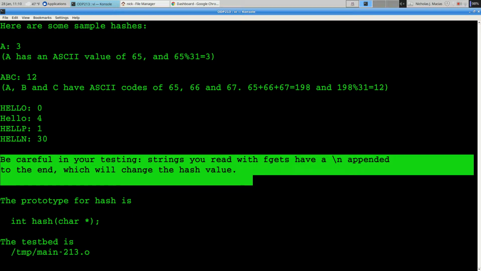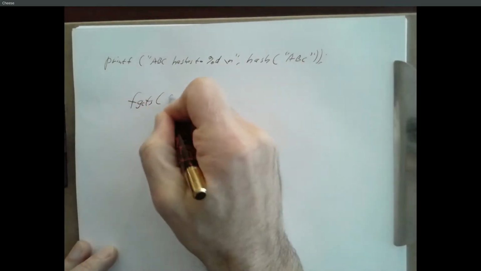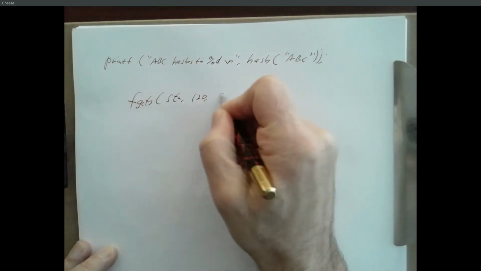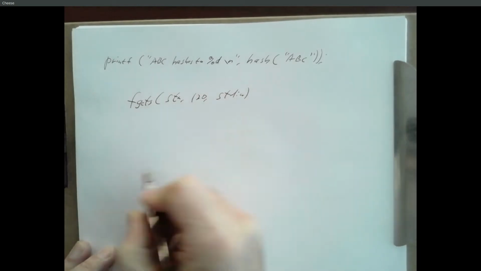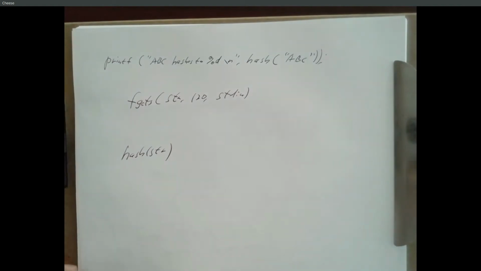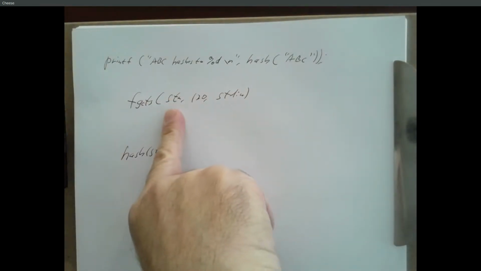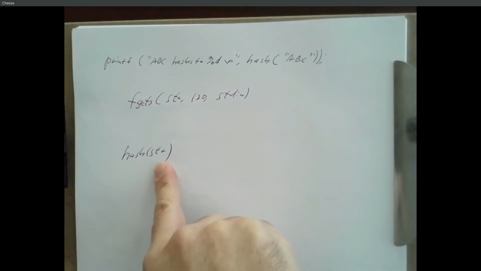So if I say something like fgets string 120 standard in, and then I hash str, if I type in the letter A and I hit enter, str is not the letter A. It's the letter A followed by a new line. And when I call my hash function, it's not hashing a string containing just the letter A. It's hashing a string containing the letter A followed by a new line.